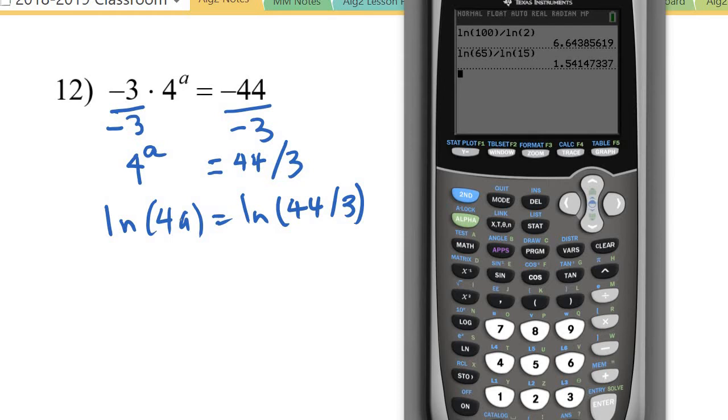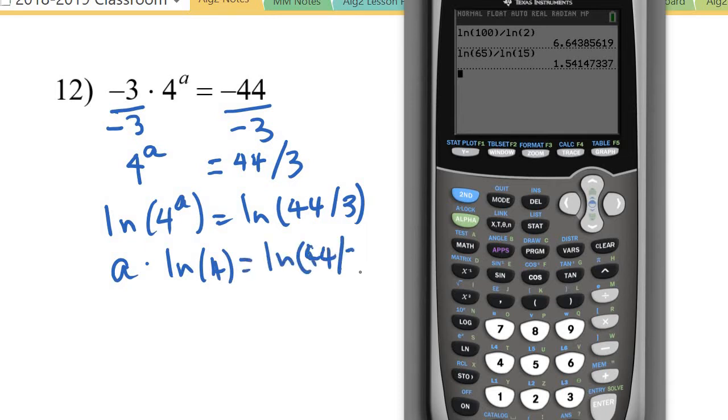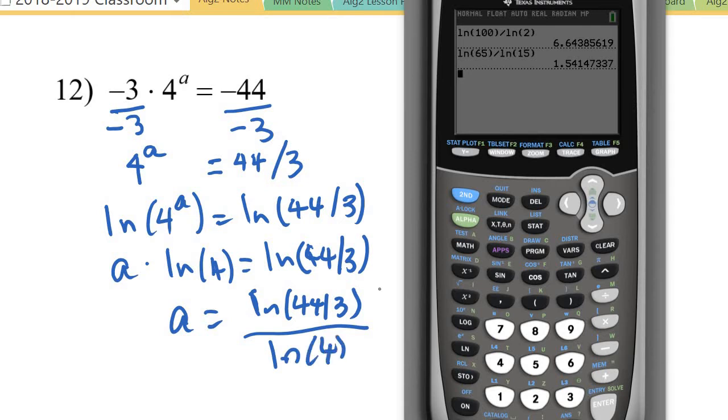And now, being careful with the exponent there, I can move the a to the front as a times ln of 4, and then equals ln of 44 over 3. And now I can divide both sides to get a equals ln of 44 divided by 3 over ln of 4.